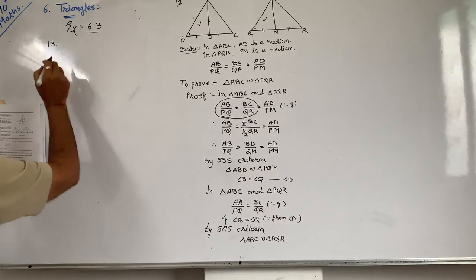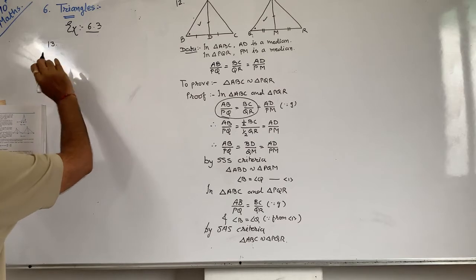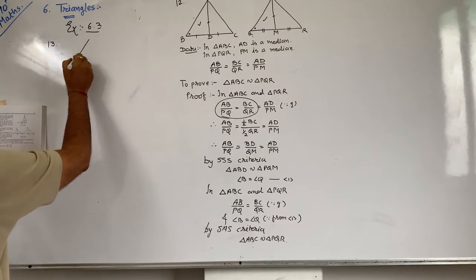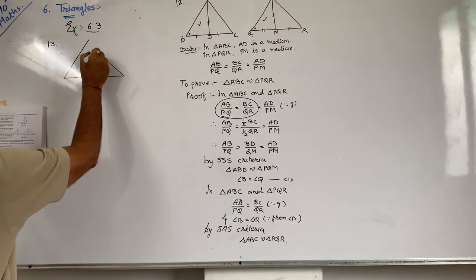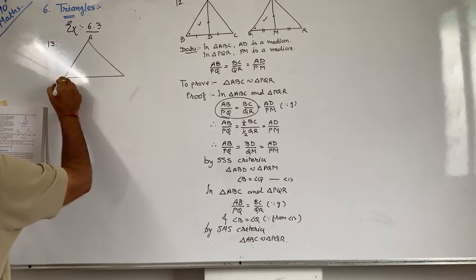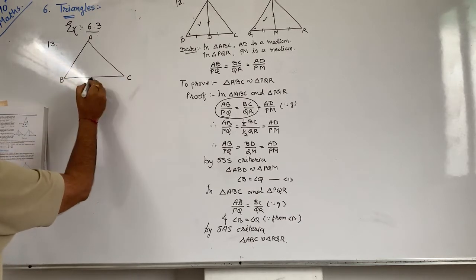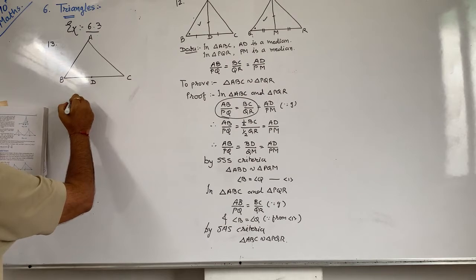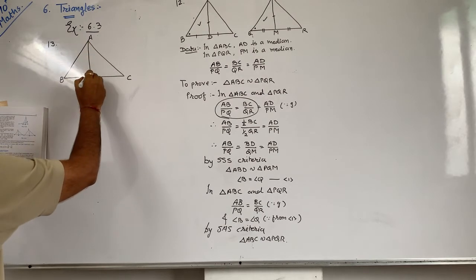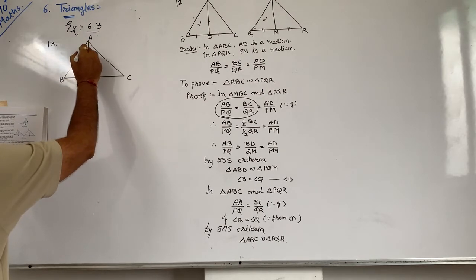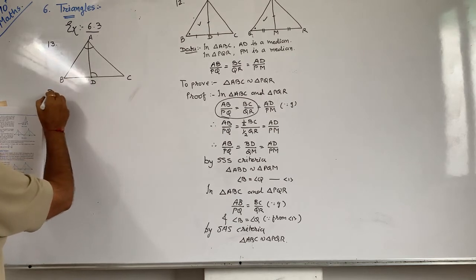D is a point on the side BC of triangle ABC such that angle ADC is equal to angle BAC. What is given?